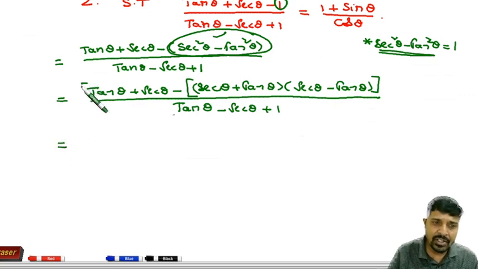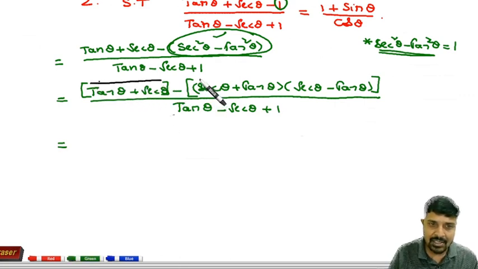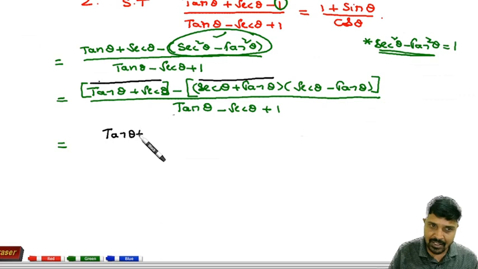See, if you observe it carefully, this is tan theta plus sec theta. Observe this part, this is tan theta plus sec theta. This is also tan theta plus sec theta. Can we take it as common? Now take tan theta plus sec theta as common.